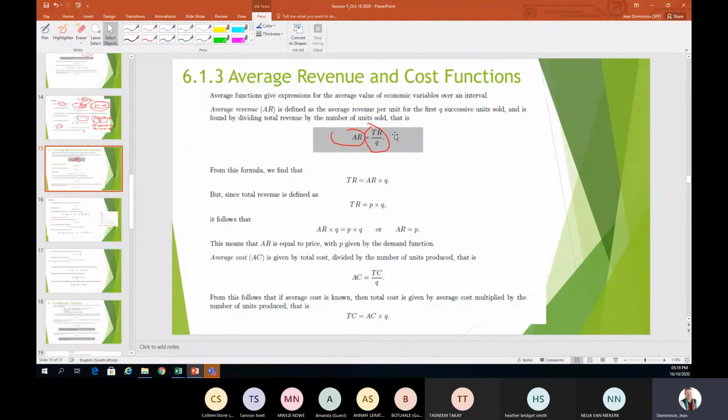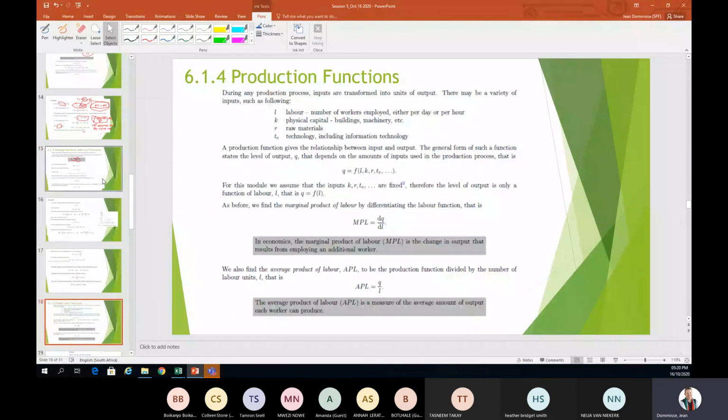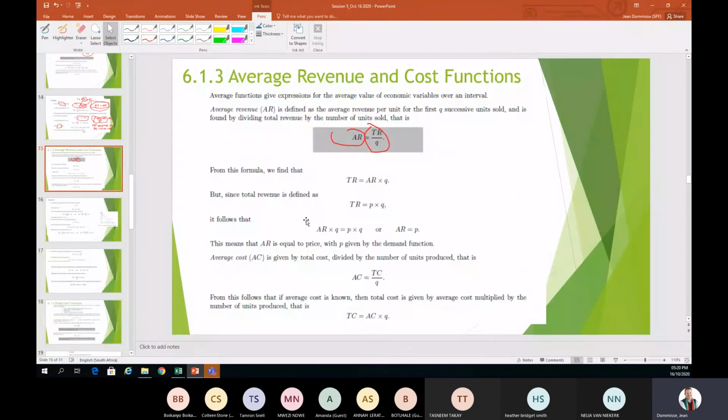It's looking at your total revenue, and to get the average of your total revenue, you divide by Q, because Q is the number of products or units sold. That is the same for your total cost if you need to work out the average.